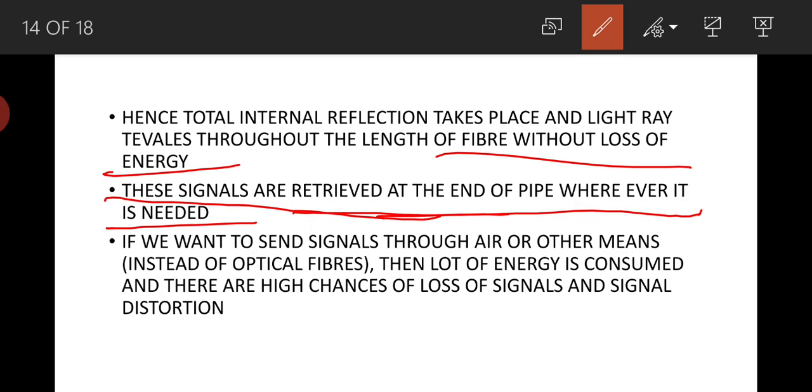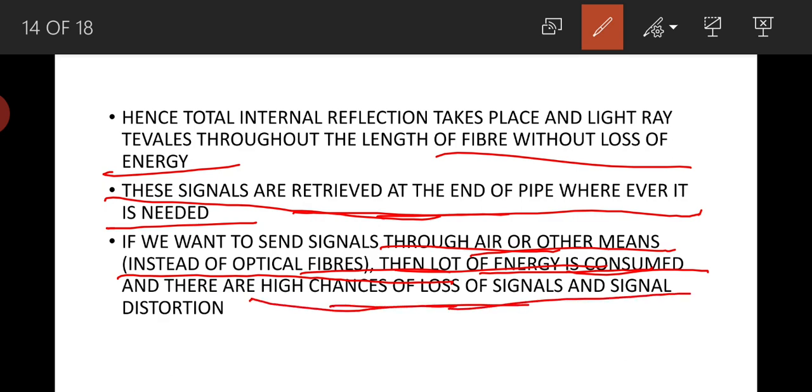So if you want to send these signals through air or any other means instead of optical fiber, then a lot of energy will be consumed, and there are high chances of loss of signals in the air, and there are high chances of signal distortion. It means sometimes we will hear the voice of other persons, and sometimes there will be missing signals when we call our friends or relatives.